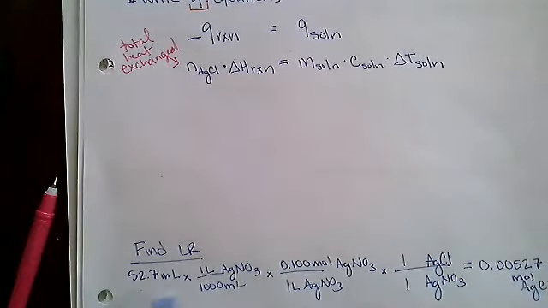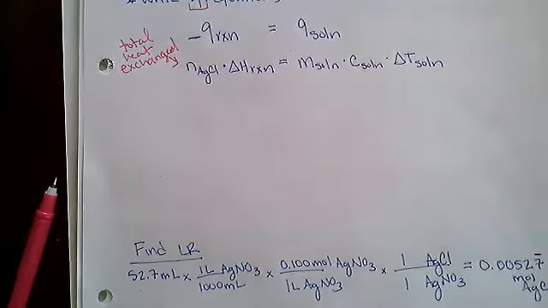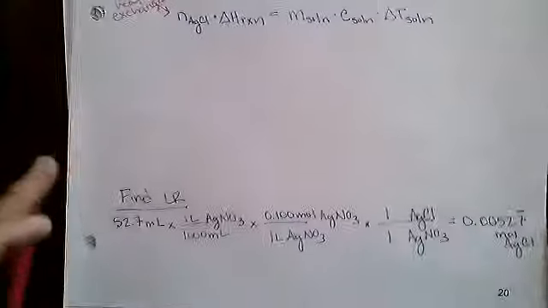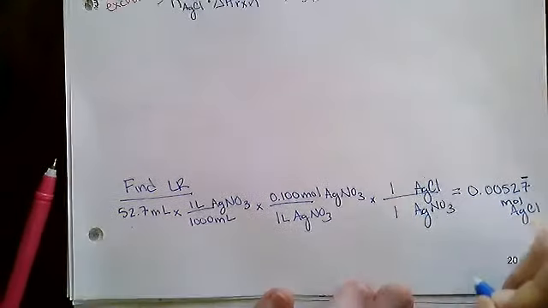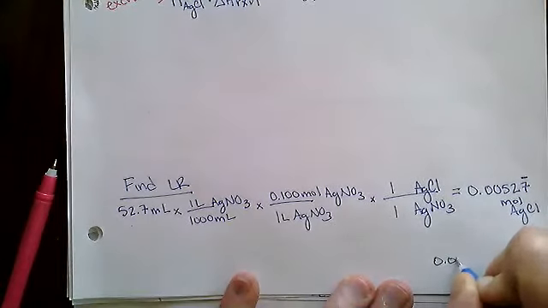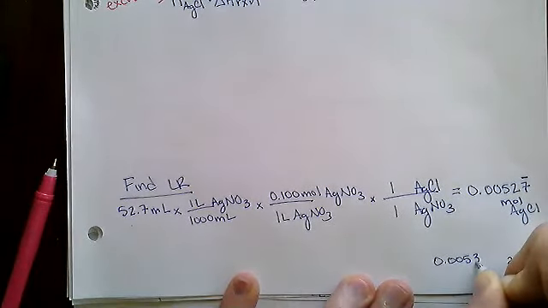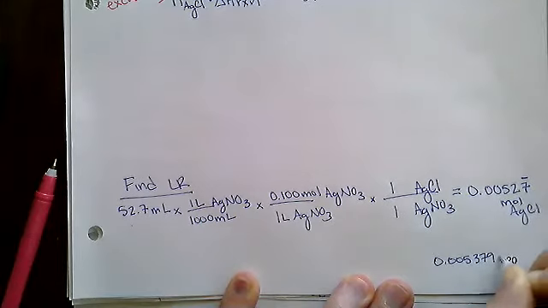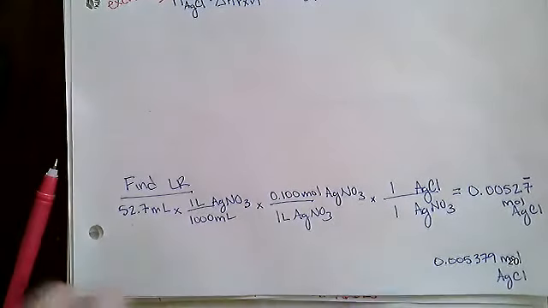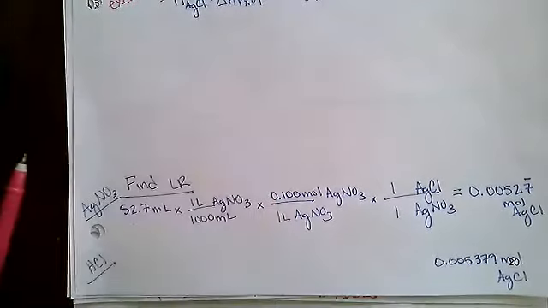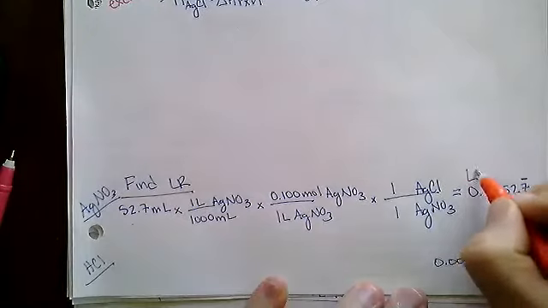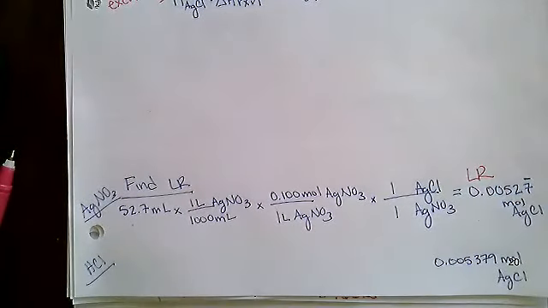And I have 1, 2, 3 significant figures. I'm not going to do the work, but if you figured out how many moles of silver chloride based on your starting hydrochloric acid, then you would see 0.005379 moles of AgCl. That's for HCl. So this guy is your limiting reactant.